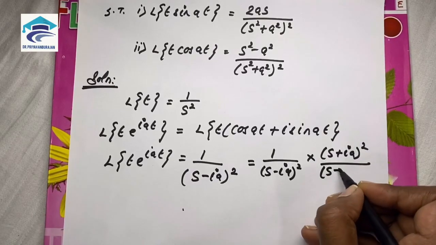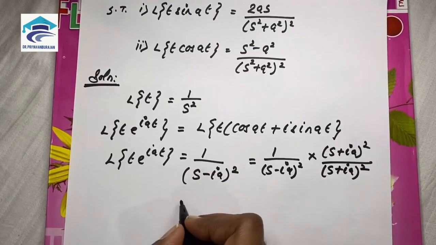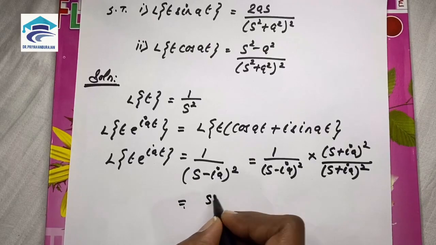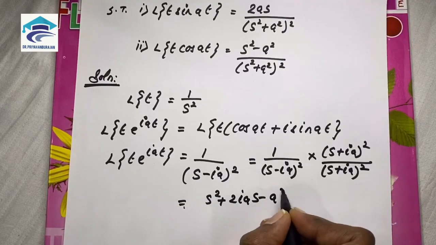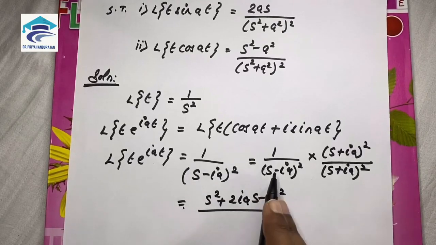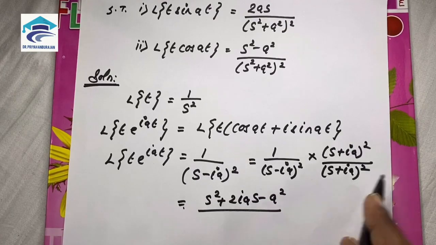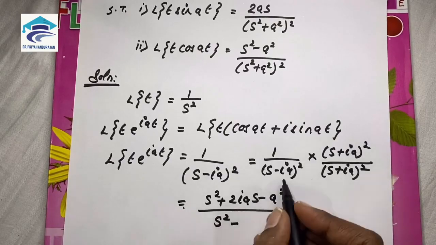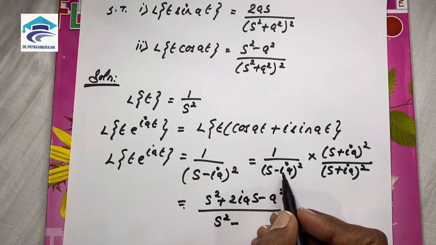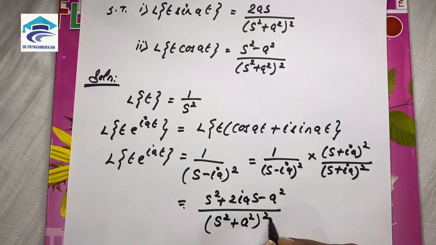So this is equal to (s squared plus 2ias minus a squared) by, this is (a minus b)(a plus b), but you have a whole square, so we can write this as s squared minus a squared, here it is ia, so I will be getting one negative sign, so this will become plus, so it is (s squared plus a squared) the whole square.